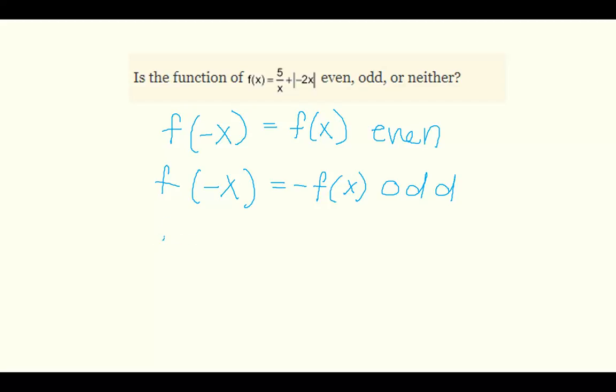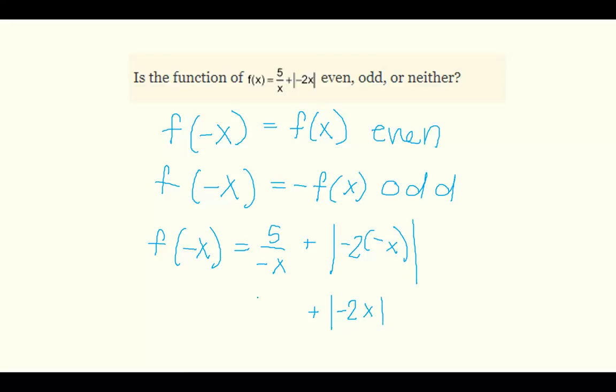neither. So I'm going to take the function that they give us and replace all of the x's with a negative x. So then I'd get 5 divided by negative x plus the absolute value of -2 times negative x. Okay, so we know that the absolute value is going to stay exactly the same, because even if I plug in a negative x, its absolute value is going to stay the same.